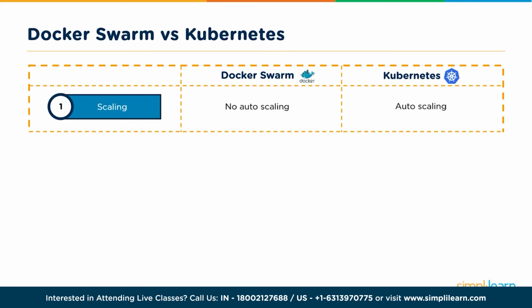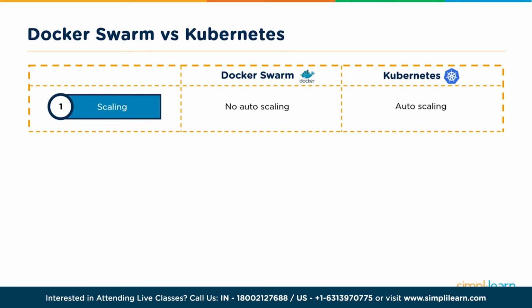Kubernetes, on the other hand, can cater to any other types of containers other than Docker, and including Docker as well. So in case you have applications which have Docker in them, RKT in them, LXC in them, or any other type of container, Kubernetes should be your choice of orchestration tool.